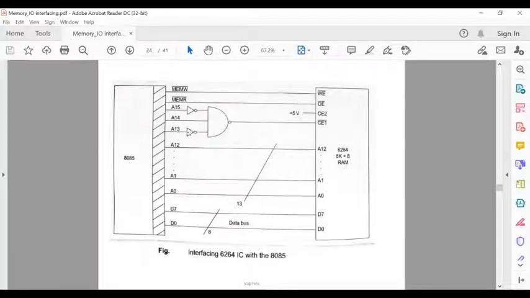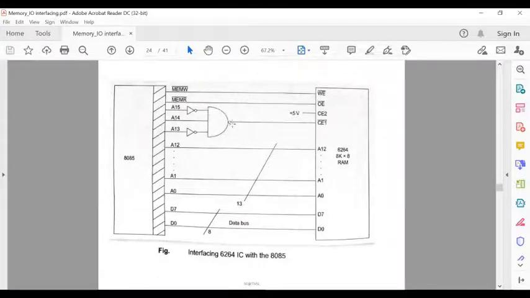According to the memory mapping table, the A13 line is 0, A14 is 1, A15 is 0. So both of the 0 lines must be converted into high using this inverter, and A14 is already 1, that is high state, so it is directly fed into this NAND gate input.